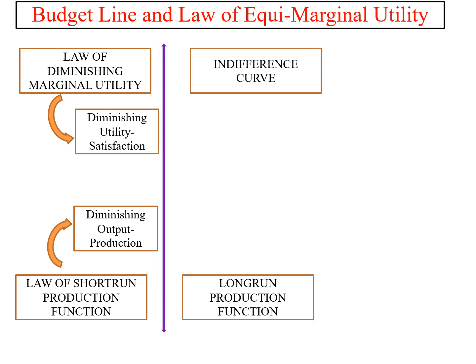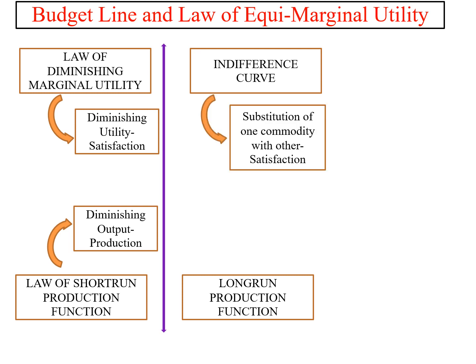In another video I highlighted the indifference curve, which is more connected with consumption or utility theory and is connected with the long run production function. The indifference curve highlights that when one commodity is substituted with another commodity, the decision stabilizes at one point where both commodities have a similar marginal utility.